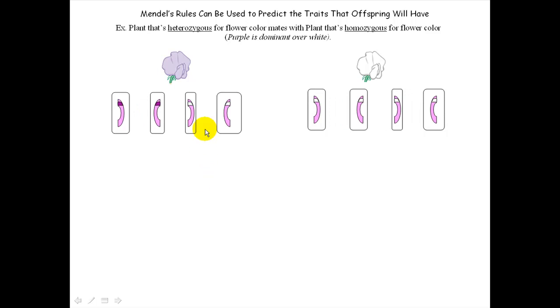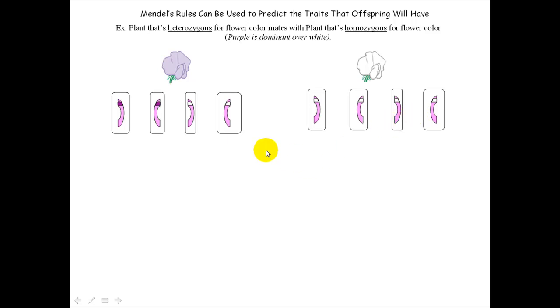That's basically what produces the gametes for a particular organism. So for this plant, when it produces gametes, half of its gametes will have the purple flower allele in it, and the other half will have the white flower allele in it. For this plant over here, all of the gametes that it produces, you'd expect them to have the white flower allele in it.